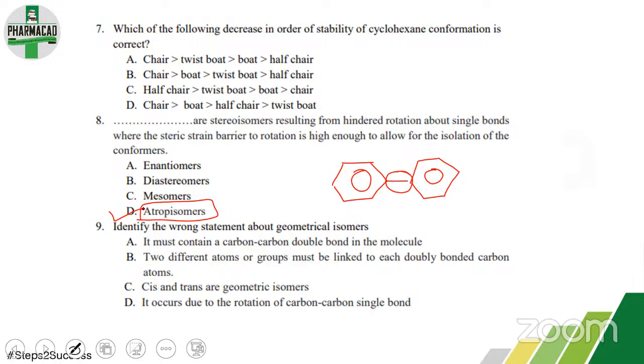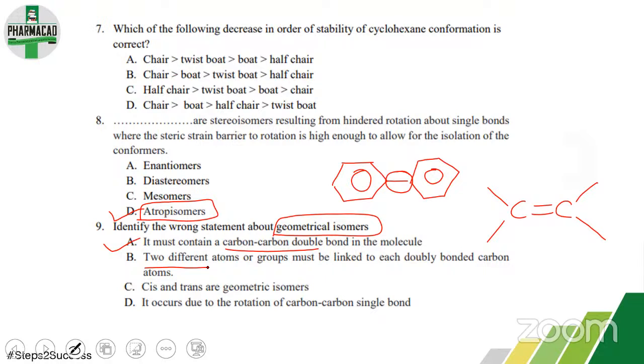Next question. Identify the wrong statement about geometrical isomerism. As we know, geometrical isomerism is possible only when we have a carbon-carbon double bond. So the first statement is it must contain a carbon-carbon double bond. This statement is correct. Second, two different atoms or groups must be linked to each doubly bonded carbon atom.